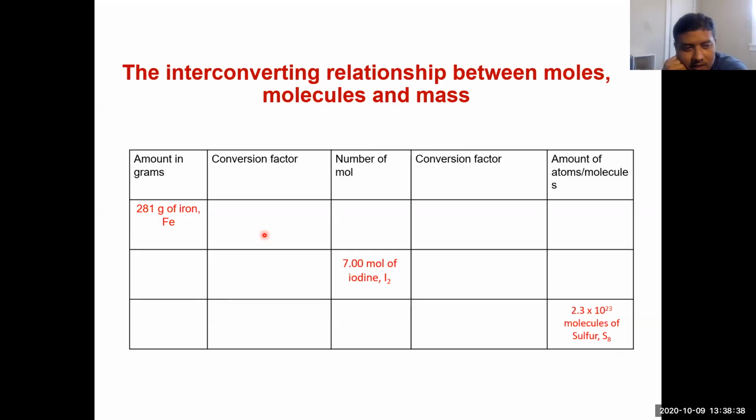Where did you get that number? 55.845. I just have a periodic table right here. That's where he got it from. Because it is iron and it is very simple, he took it right out of the periodic table.